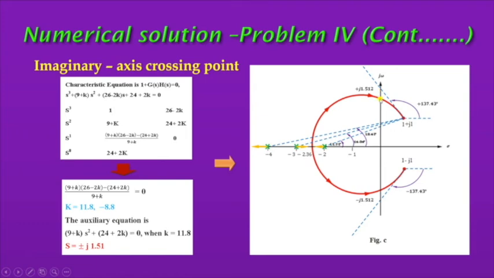Then this root locus branch crosses the imaginary axis, so find the crossing point. These two root locus branches are symmetrical with respect to the real axis.